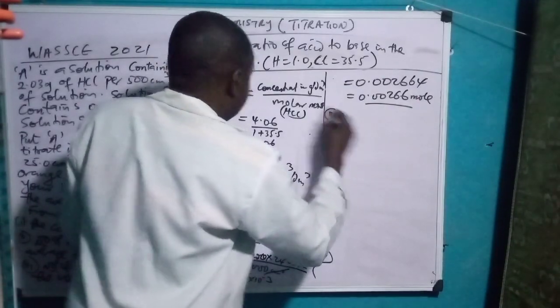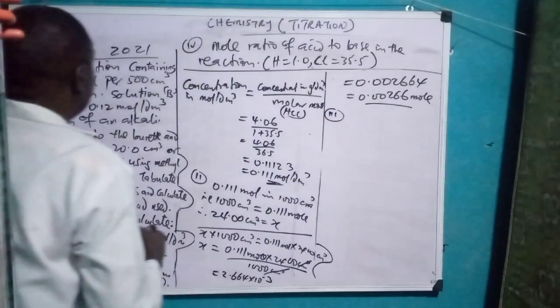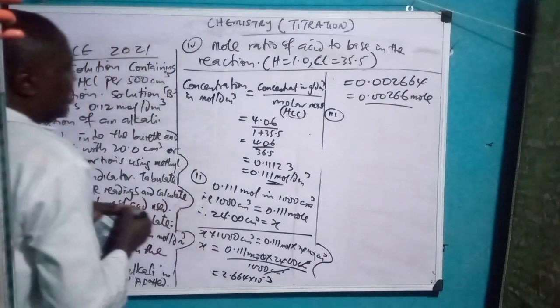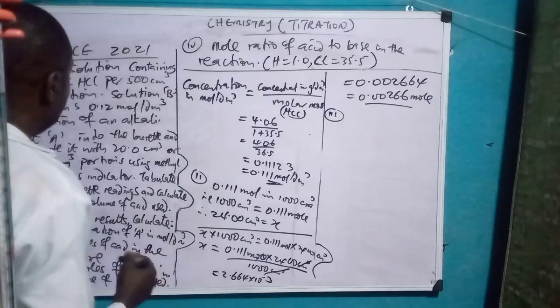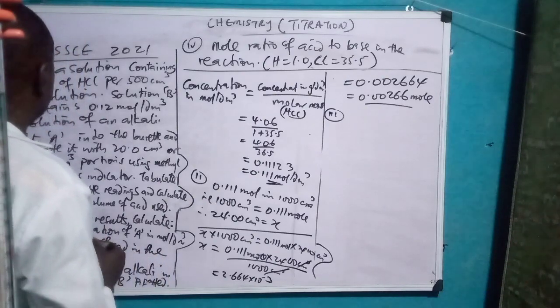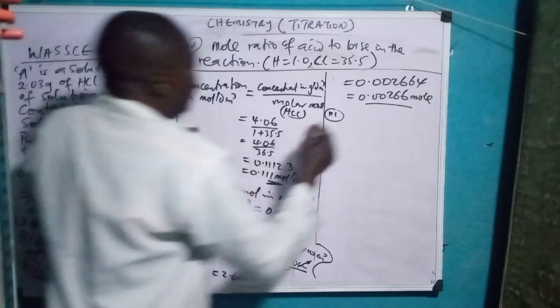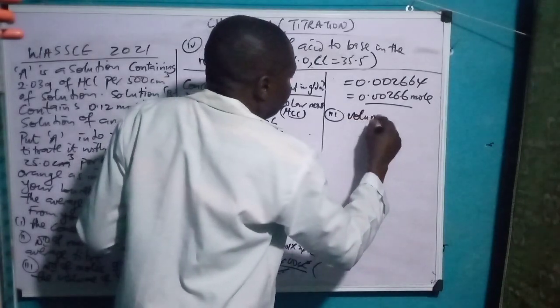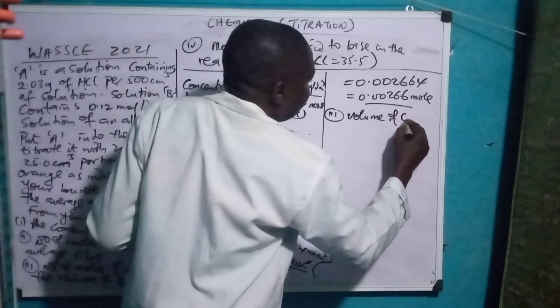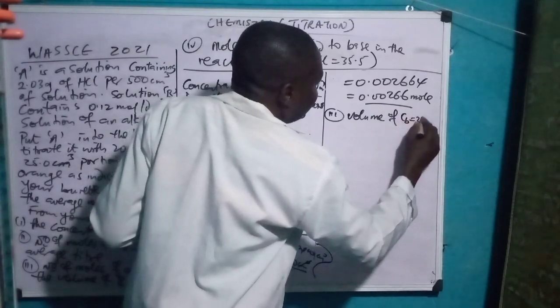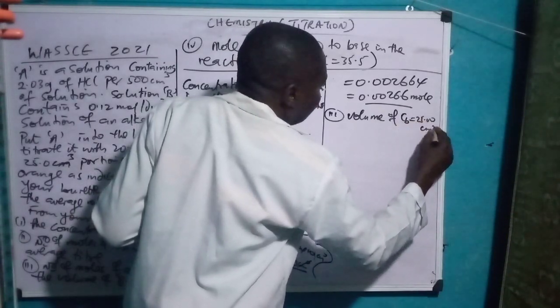That's Roman figure 3. Number of moles of alkali. And remember the volume of B pipetted. The volume of B we had was 25 cm cube. Volume of B is 25.00 cm cube.